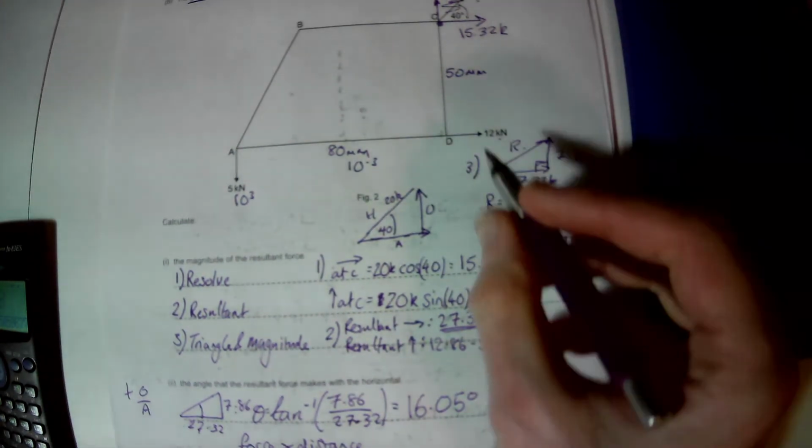is going to be size of force 12 kilonewtons times 50 millimeters plus 5 kilonewtons times 80 millimeters. I'm going to put in the conversion for those. We see that 10 to the 3 is the K, times 50 times 10 to the -3, plus 5 times 10 to the 3 times 80 times 10 to the -3.